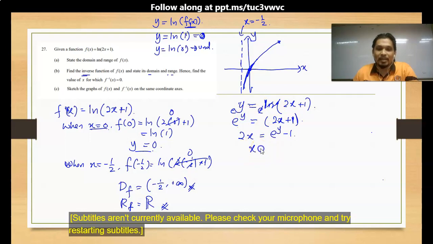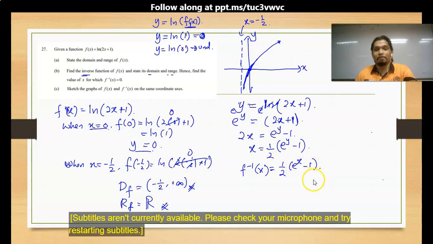Then x equals 1 over 2 times e to the power of y minus 1. So then f inverse equals 1 over 2 times e to the power of x minus 1. So this is your function f(x) and this is your f inverse.